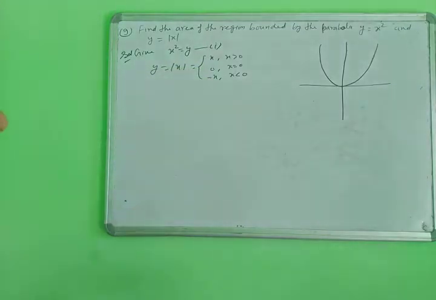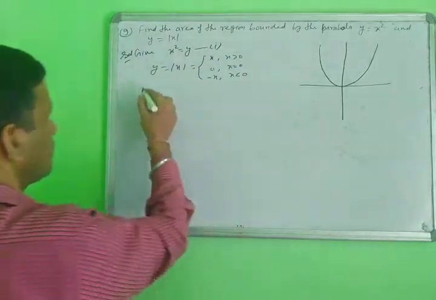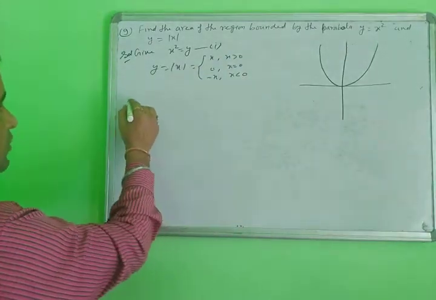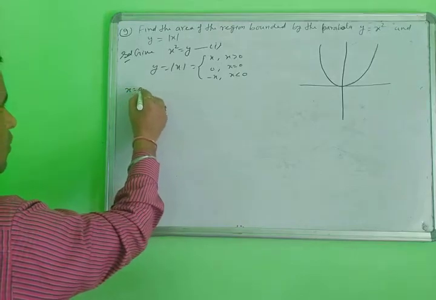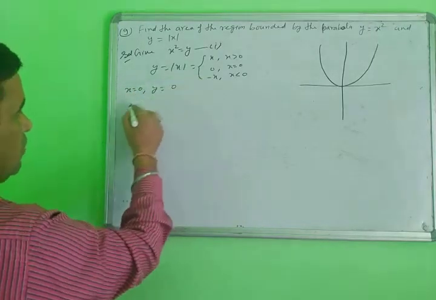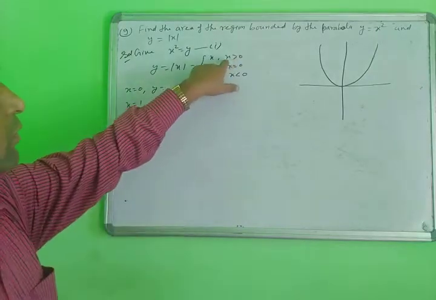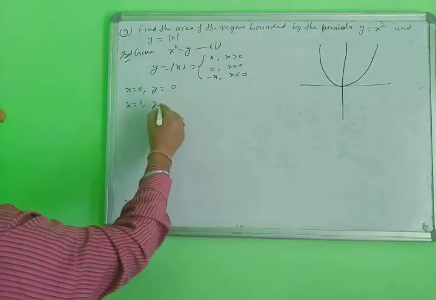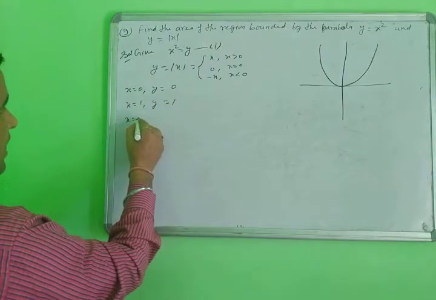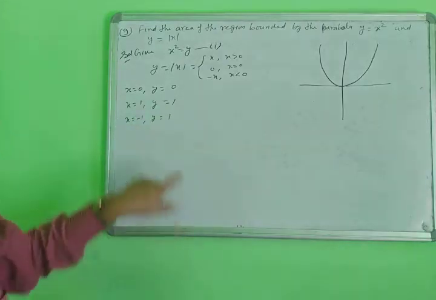Then put in the values. When x equals 0, y equals 0. When x equals 1, a positive value, y equals 1. When x equals minus 1, the value is again 1, positive.